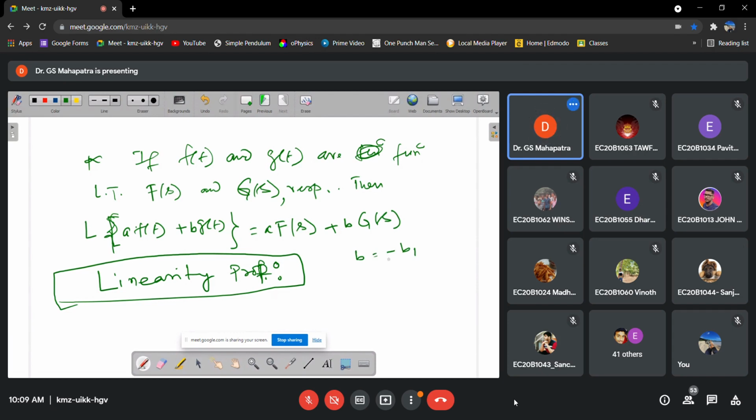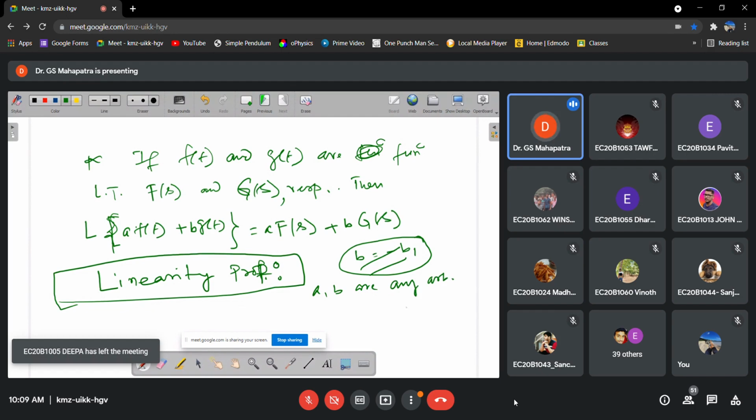You are correct, but for a simple concept, since a and b are any arbitrary constants, I am not writing the sign. This is the linearity property of Laplace transformation.